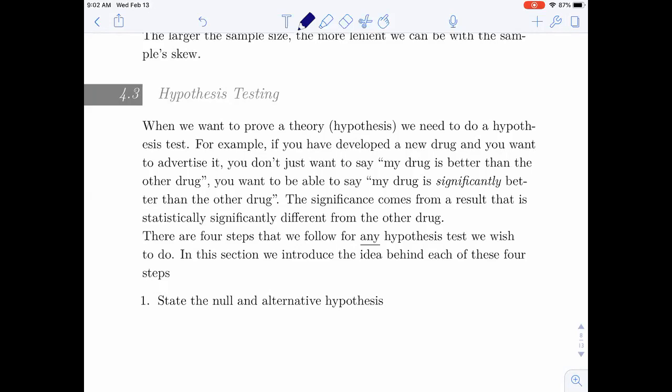And so when we're able to say something like, it's significantly better than this other drug, that's where we need hypothesis testing. Hypothesis testing is kind of the money maker in statistics. That's why you have to take this course or are encouraged to take this course, because hypothesis testing is everywhere, whether you're in any of the sciences or business or even arts.